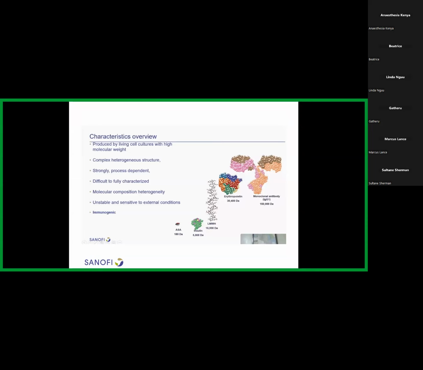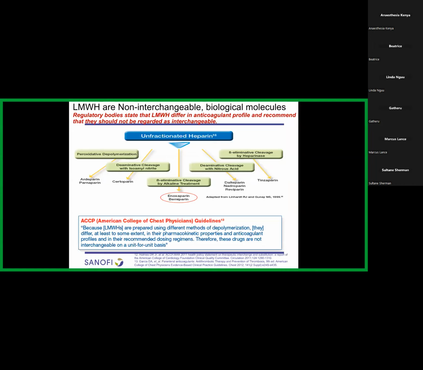If it doesn't, then it's another story. So can you interchange low molecular weight heparins one from the other? The answer is no, according to the ACCP guidelines. It states that these products are prepared differently under different chemical methods, and each product is different and cannot be used on a unit-to-unit basis and cannot be interchanged with any other.